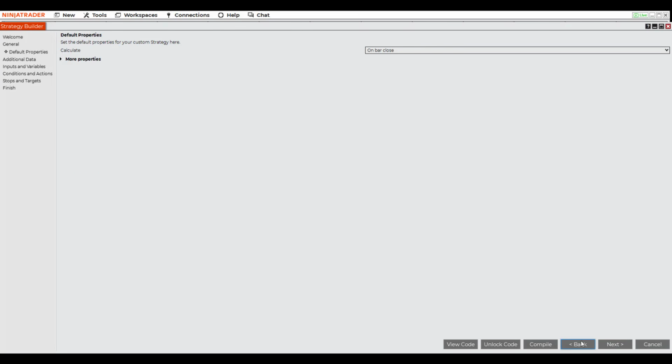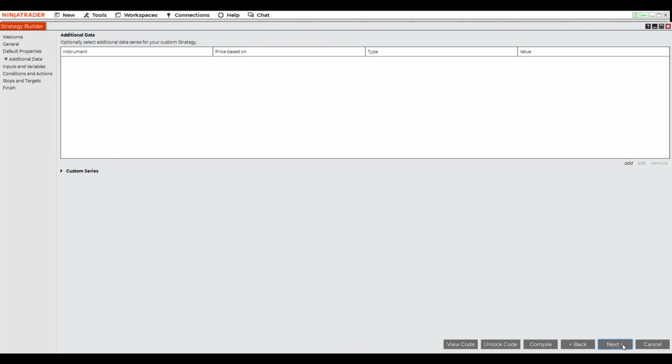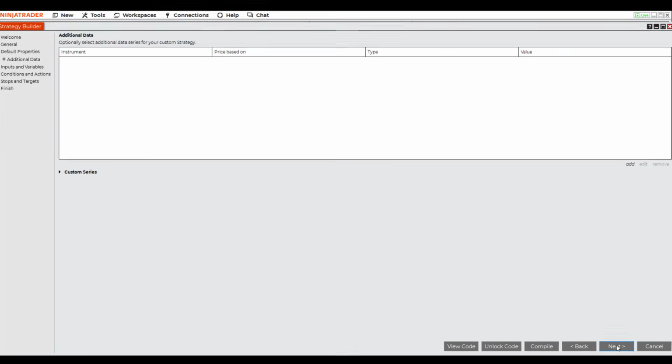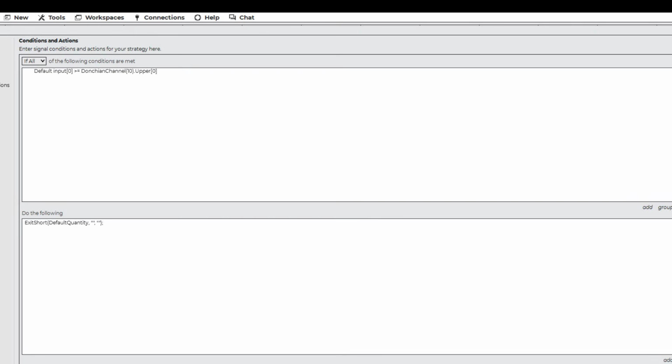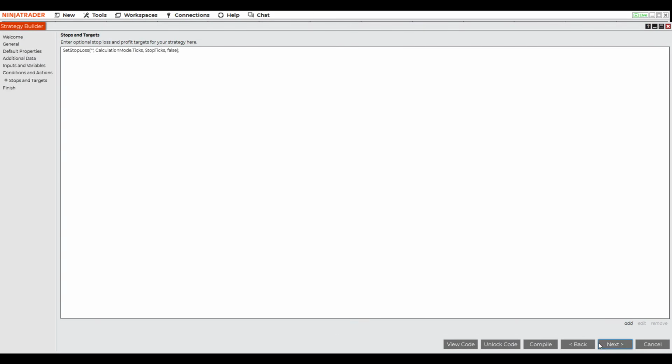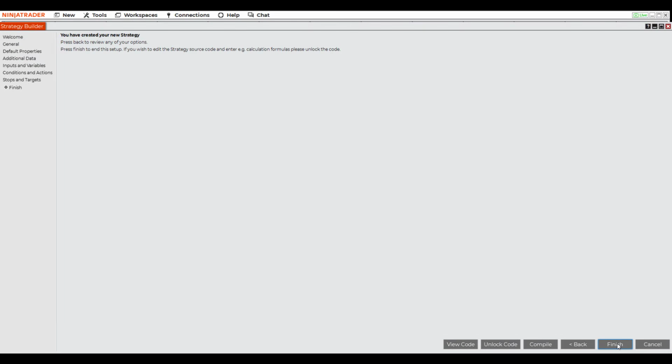No inputs in the first few input sections, really only until we got to inputs and variables, where I set up the Donchian, the moving averages, the brick sizes, the stop loss, then into the rule sets, very simple like we've already seen, and then into the stop loss section, which we talked about, and then literally it's a case of just compiling and finishing it, and you have your strategy.